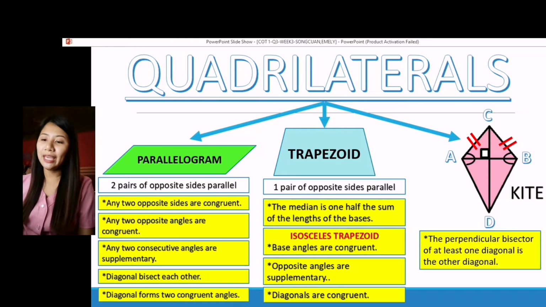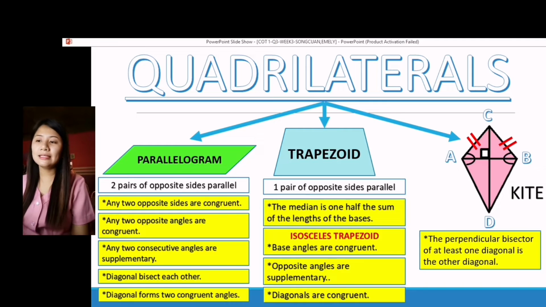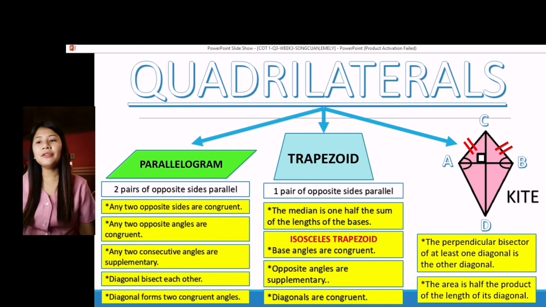And your angle C as well is divided into 2 congruent angles. We also have side AC congruent to side BC, as well as side AD congruent to side BD. And the area is half the product of the lengths of its diagonals.